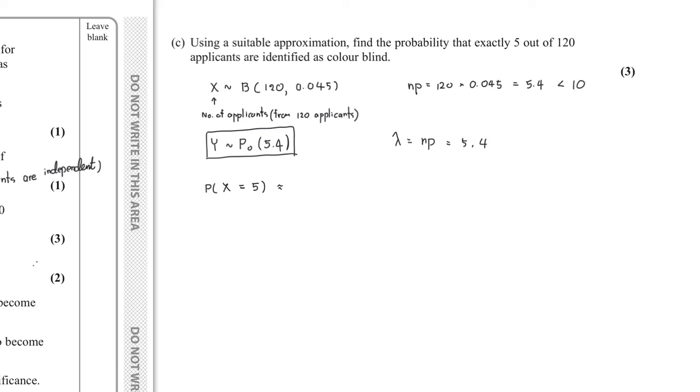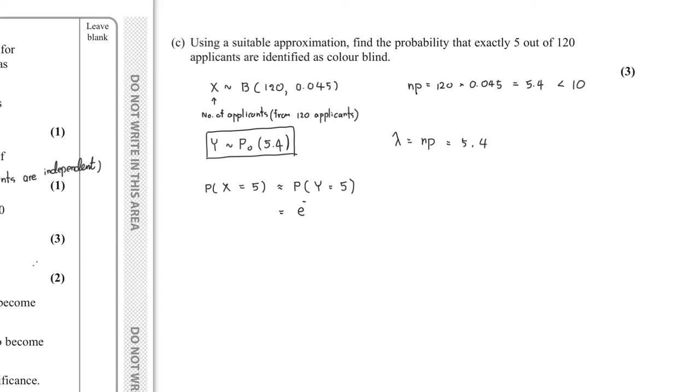So we approximate it to be the probability of Poisson Y. Since Poisson distribution is a discrete random variable, and the binomial is also a discrete random variable, you don't have to apply continuity correction. If you want to find the probability of X equals 5, then you can find the probability of Y equals 5 right away.